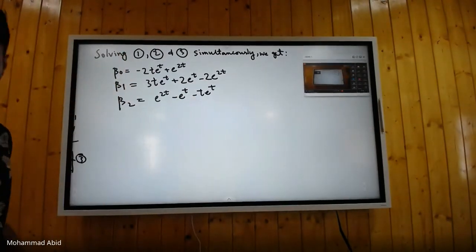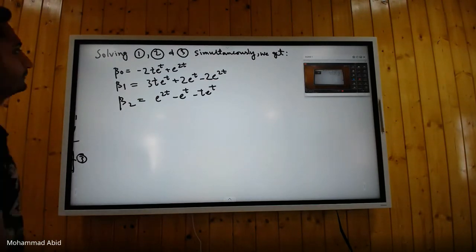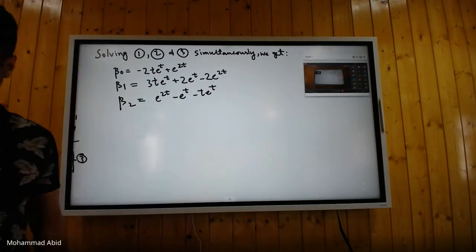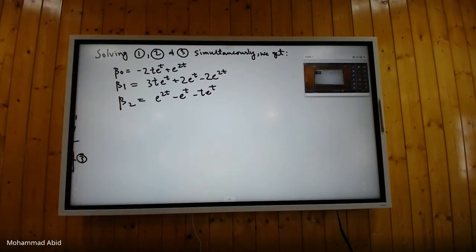This is when you solve these three equations simultaneously. आप करो, it's not that difficult. बस substitutions करनी है repeatedly and you will get three constants for independent.